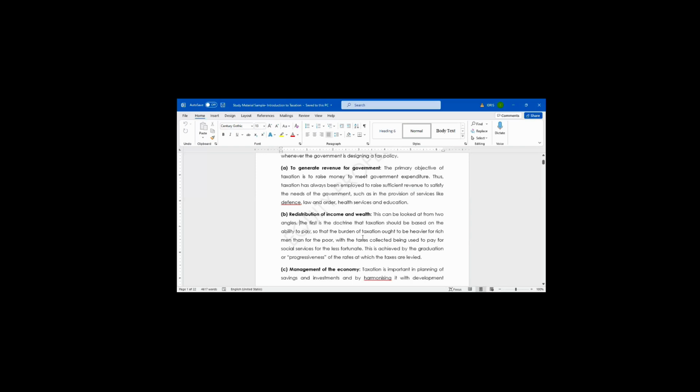They use it to provide social services, to sponsor free education, and to provide free health care service to the lower income.